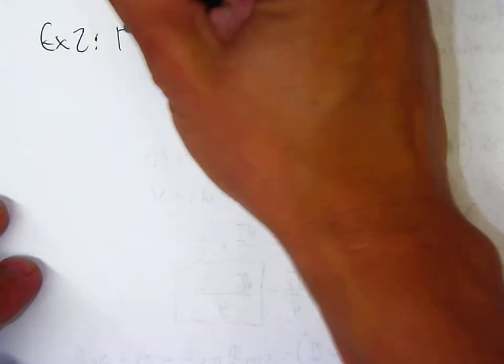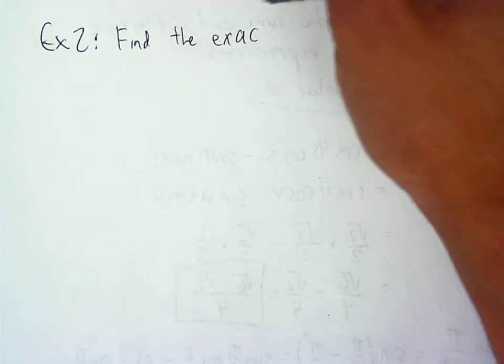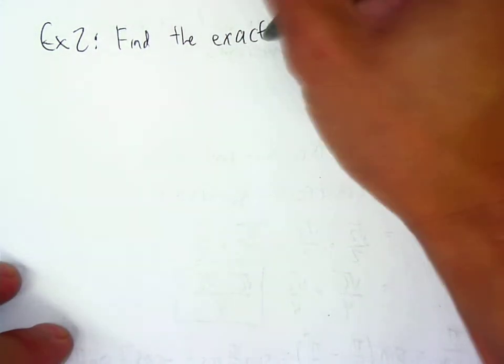The other problem we might come across is, go ahead and write it down, example 2. You're going to find the exact value, and again, when you see exact value, you want to think about unit circle values.